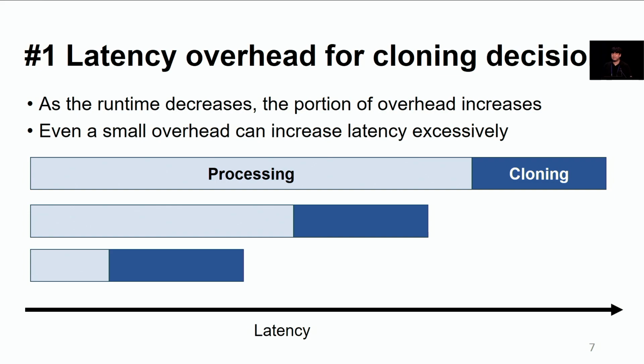The first reason is that in the age of microseconds, a small microsecond-scale overhead can increase total latency excessively. You can see that the portion of cloning overhead caused by the coordinator is large if the runtime of the RPC is small.